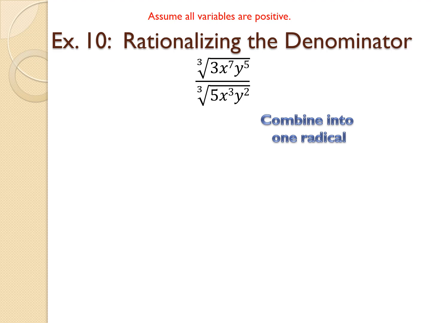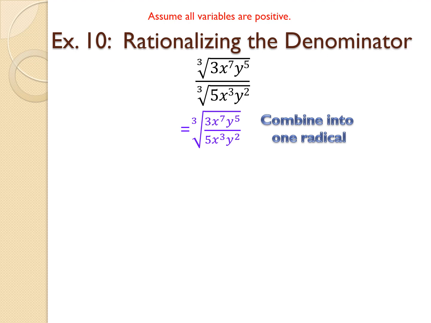So, because I've got x's in both, I've got y's in both, combine it into one, even if it's just temporary, and let's see if we can simplify. Now, like I said, 3 over 5 doesn't reduce. But look, we have x to the 7th over x cubed.